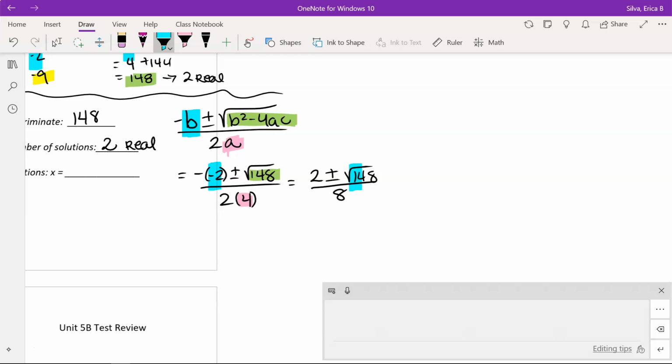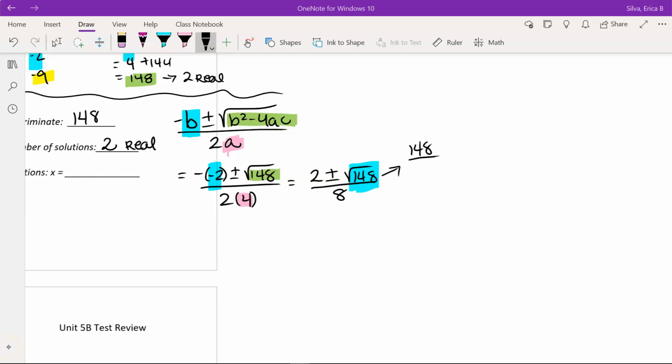Now, I want to make sure that this 148 is simplified, so we're going to divide it by the perfect squares. And the largest perfect square that this one can go into is 4. Instead of writing the square root of 148, we're going to break it up into the square root of 4 times the square root of 37. Now remember, the square root of 4 is 2, and then we bring down the square root of 37.